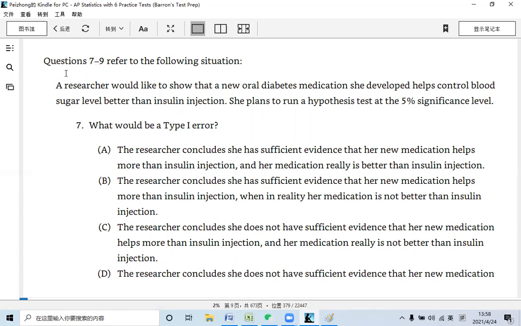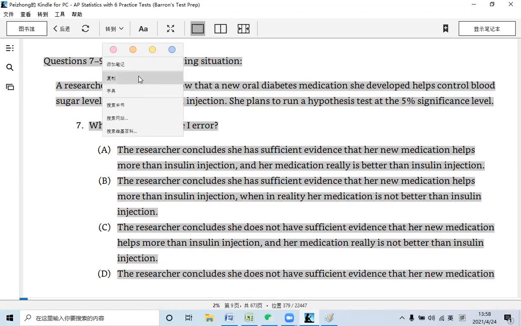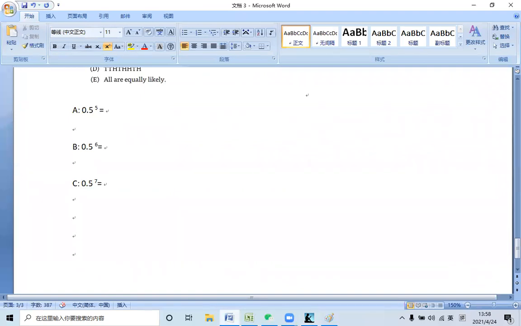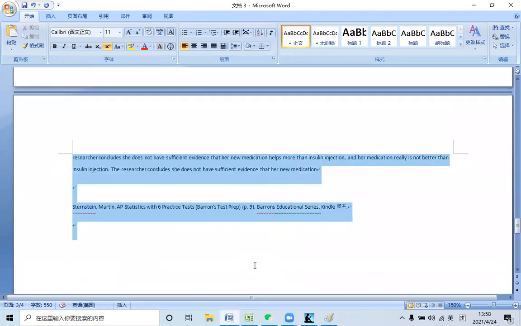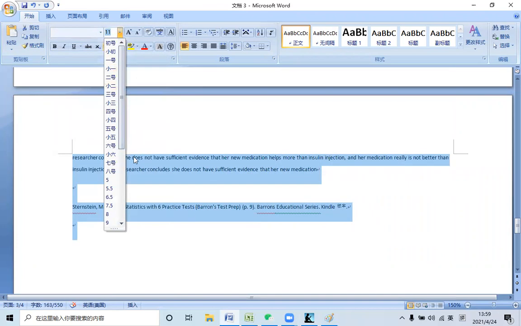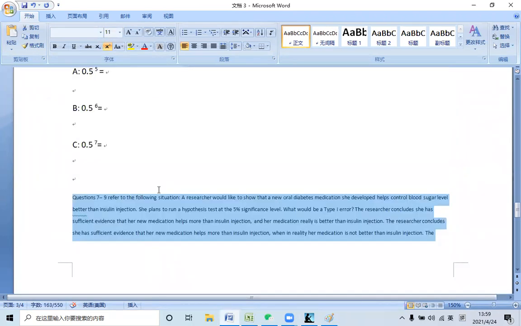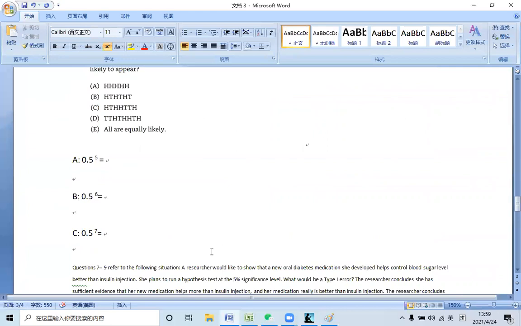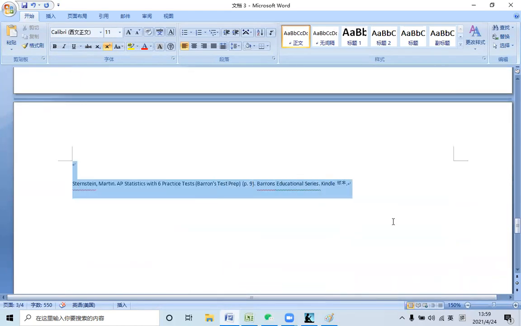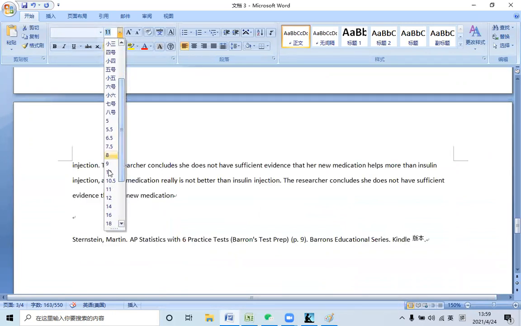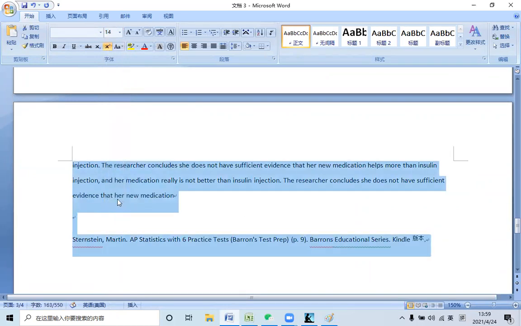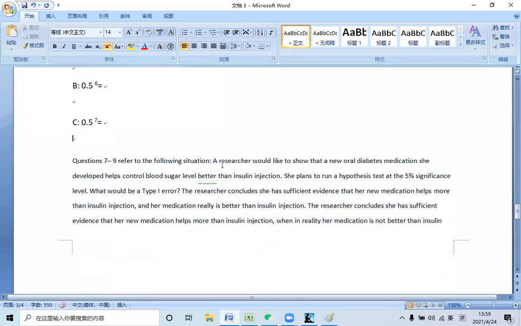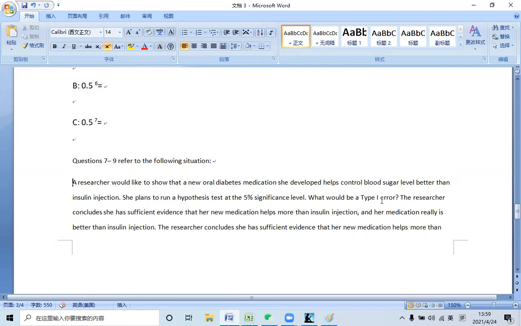So number 7, let's copy this one. Researcher, type 1 error.